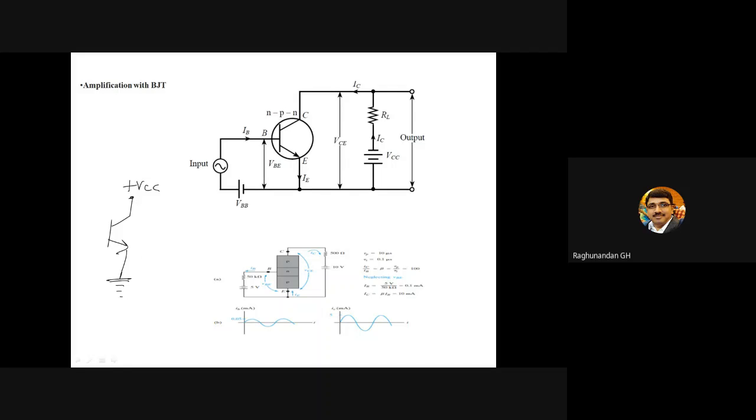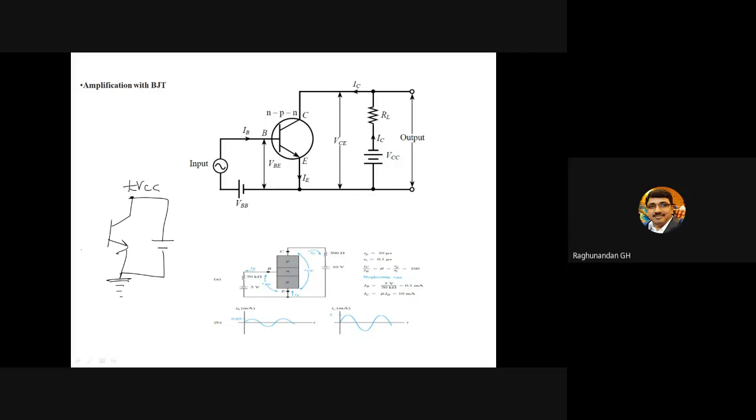Or if you feel it's confusing, you can connect it like this also. Both are the same. No need to worry. Whether you just write plus VCC or connect like this, both will be the same.